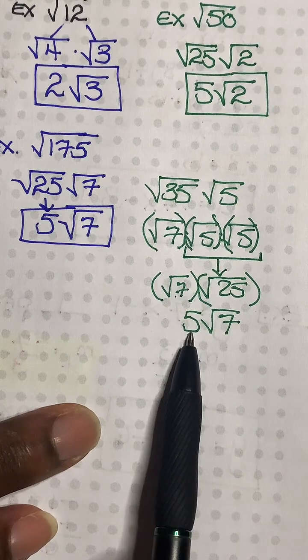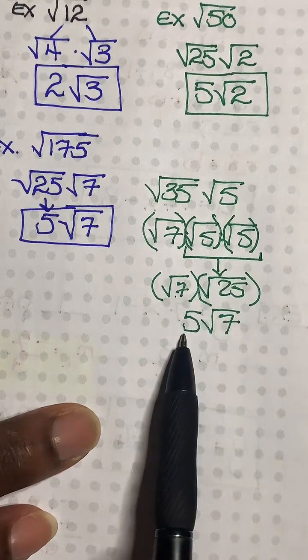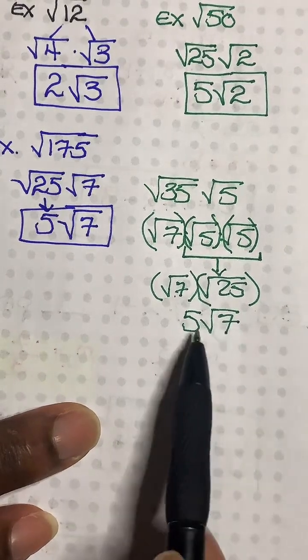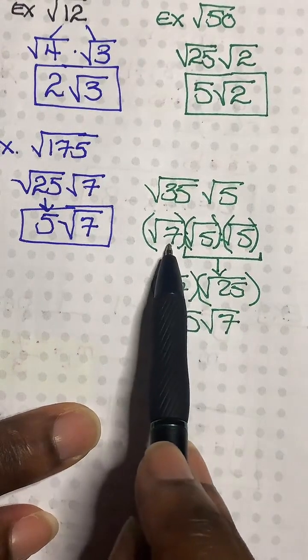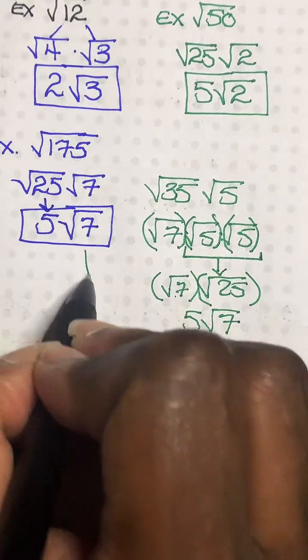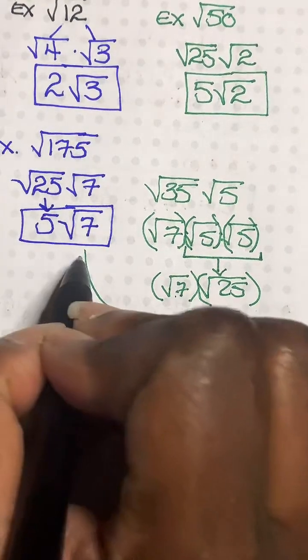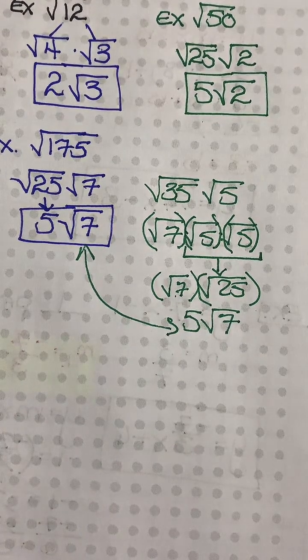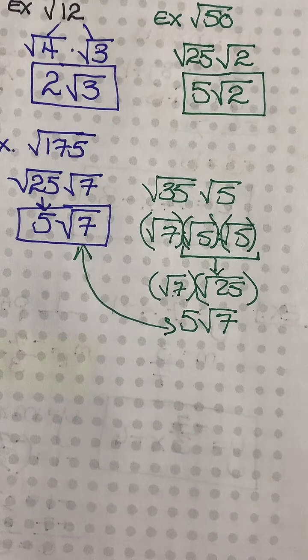Let me say that in plain English: if they're the same, it's going to be the number without the square root. Boom. Once we get that, you bring down the other radical, then you can complete everything, and you'll notice it's going to be exactly the same. So that's it in a nutshell.